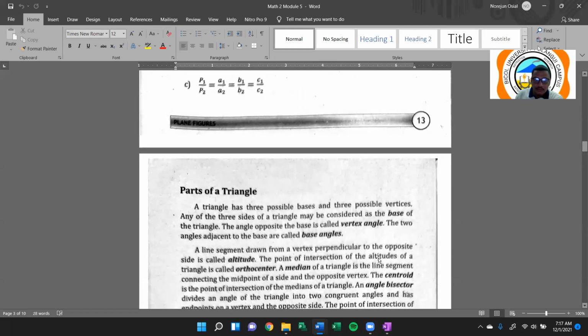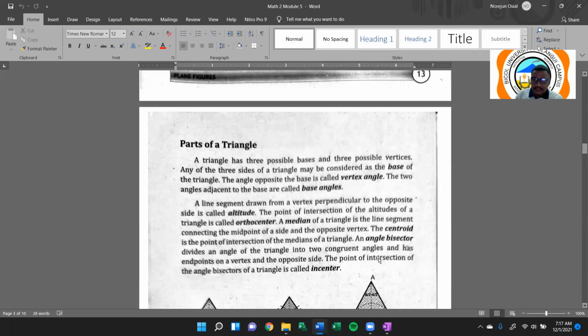You already know this because these are all part of your subject trigonometry. So let's just take a quick recap. What are the parts of a triangle? We have the base, the vertex angle, and the base angles.